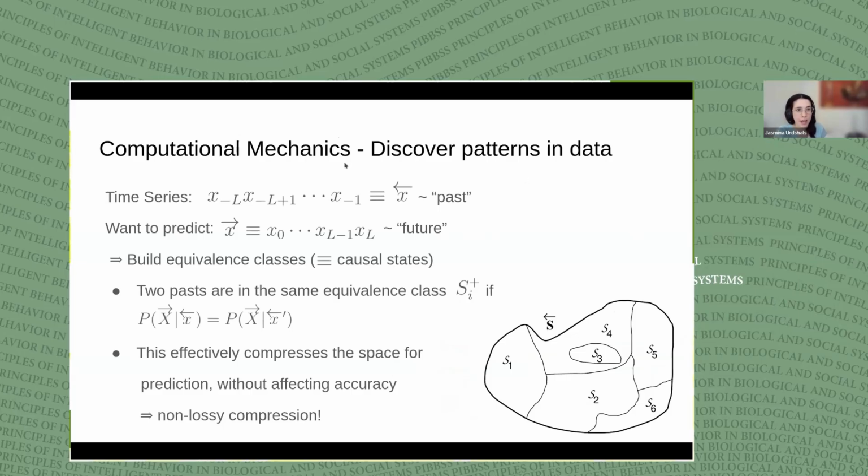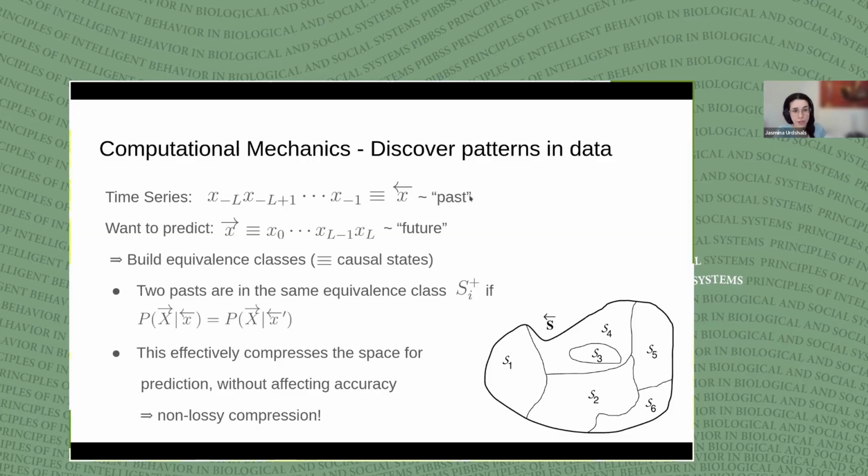Very often we might have an observation, and that can take the form of a time series, where various symbols are observed at different points in time, like in this string here. We would denote that in computational mechanics with, for example, a single symbol and, importantly, a backward facing arrow to symbolize the past.